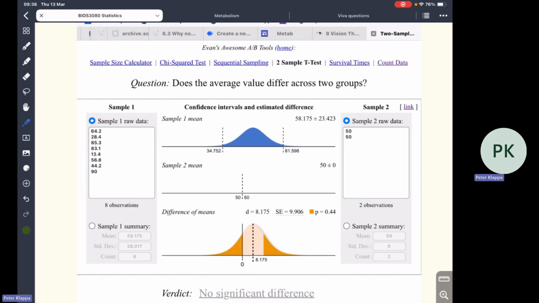And for sample 2, our reference value, we just put in twice the reference value. Now we ask, is the reference value different from the population mean from our sample? We just look at the p-value that we get. We get a nice p-value, 0.44.